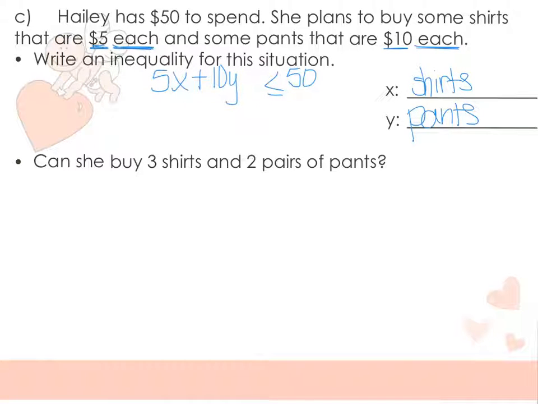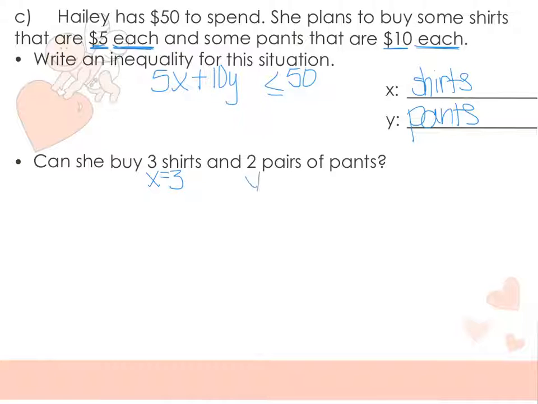Now notice the directions on this one. It just says write an inequality. We're not going to do any solving for this one. All we're doing is writing the inequality, and we're going to use that inequality to answer this question here. Can she buy 3 shirts and 2 pairs of pants? Well, what that is saying is 3 shirts. That really just means, hey, what happens when X is 3 in that inequality?